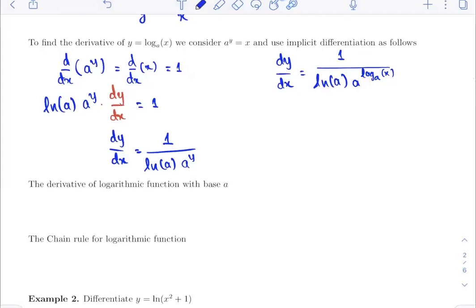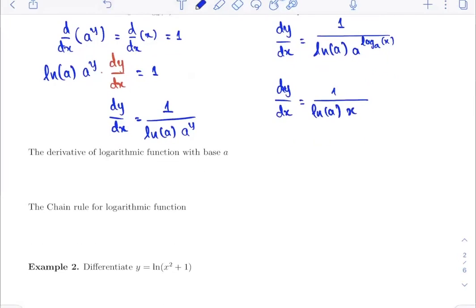So therefore the final answer is dy/dx equal to 1 over ln of a times x. So the formula for the derivative of logarithmic functions with base a is: if you have y equal to log base a of x, the derivative is y prime equal to 1 over ln of a times x.